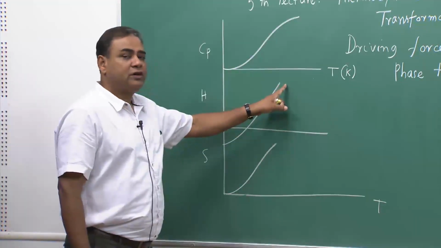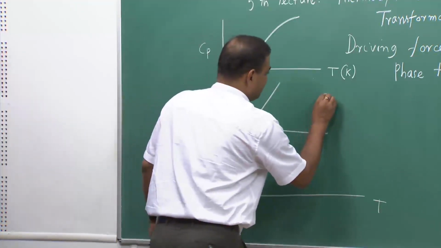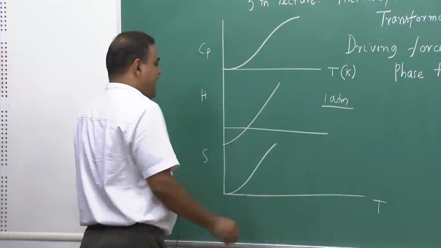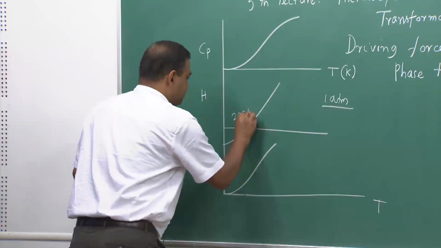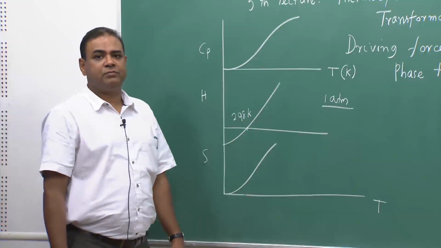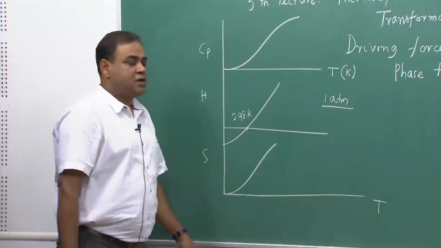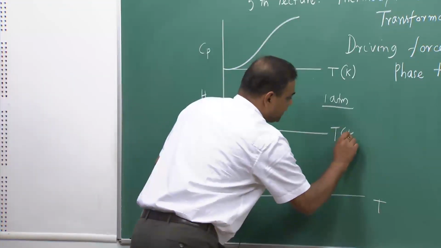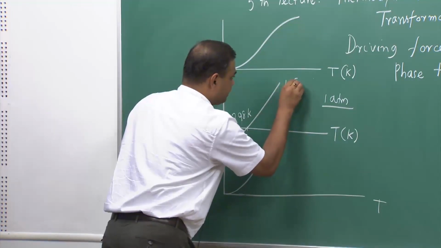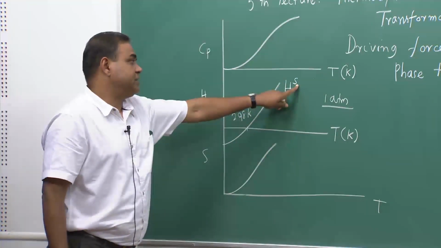In case of solid metal, if the atmospheric pressure is 1 atmosphere, then at 298 Kelvin, the value of enthalpy of that particular pure substance in solid state is 0. So, this value is 0, that means this is enthalpy of solid. This superscript S means it is a solid condition.